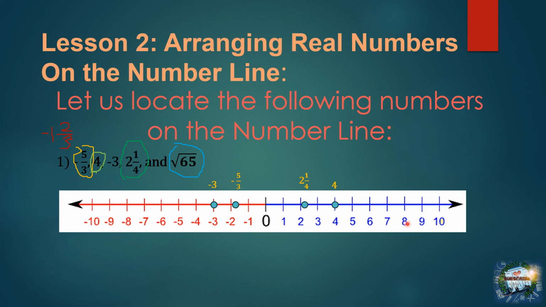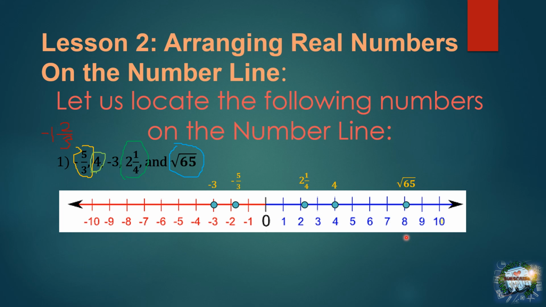Uy, 64, 65 to. Malapit na malapit siya sa 8. Sanggang dikit sila. Okay? Tignan nga natin. Ayun, dumikit nga sa square root of 64, which is 8. So, square root of 65, kunti lang, lumagpas lang siya ng kunti sa 8.